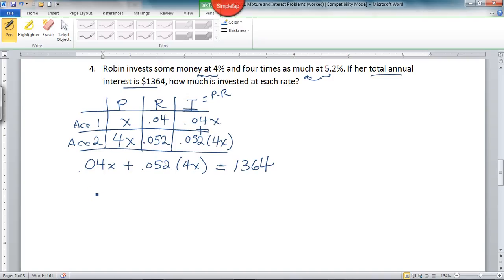Okay, well, that would mean multiply these two together, 0.052 times 4, 0.208x equals 1364. All I have to do on this left side is add the like terms, so 0.04 plus 0.208, and that's going to be 0.248x equals 1364.